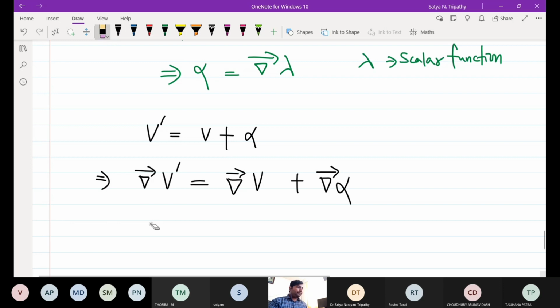Here alpha is a vector and beta is a scalar function.